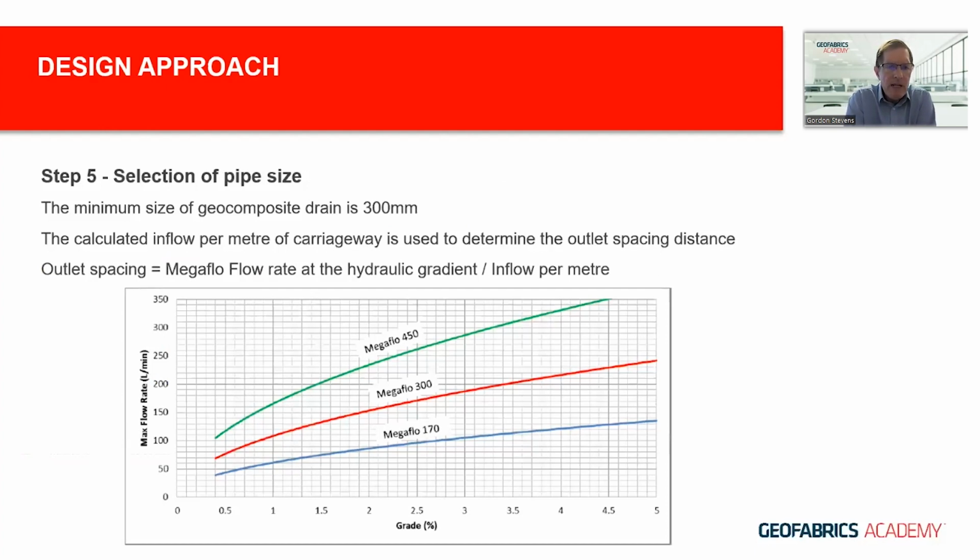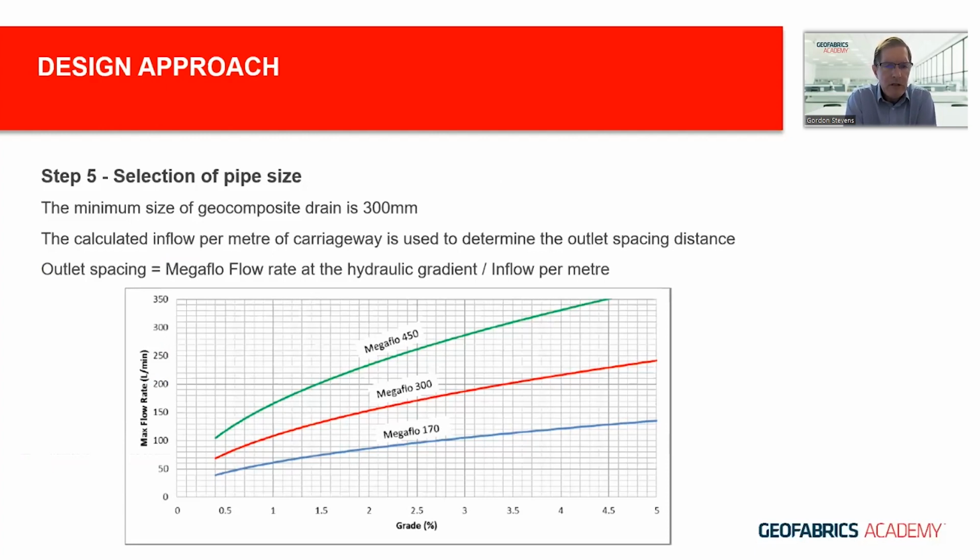So lastly, we need to move on to the selection of the pipe size. In the case of Megaflo Green, when it comes to use in these highway drains, the minimum size allowable is a height of 300 millimeters.